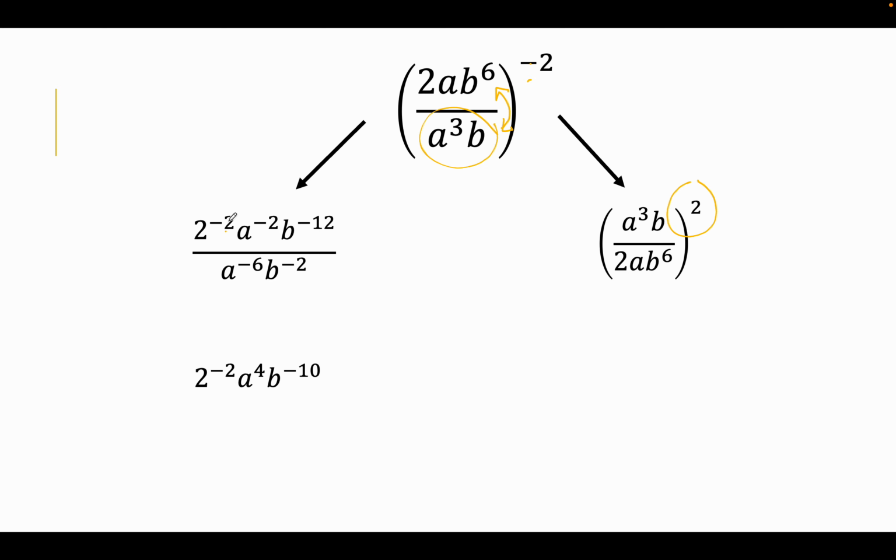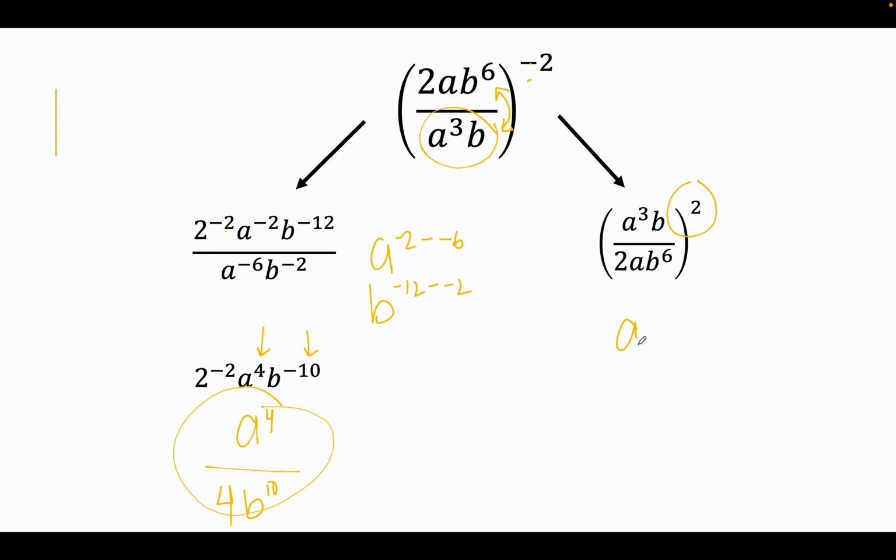So 2 to the negative second power, I just left as is, and then I did a to the negative second minus negative 6, which gave me a to the positive 4th, and then I did b to the negative 12th minus a negative 2, which gave me b to the negative 10th. Then, as your final step, you would get rid of those negative exponents with a to the 4th over 2 squared, which is 4, times b to the 10th.